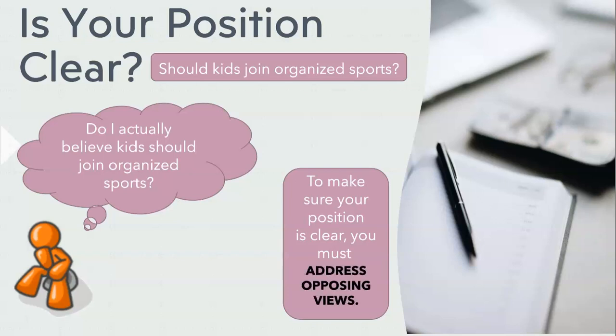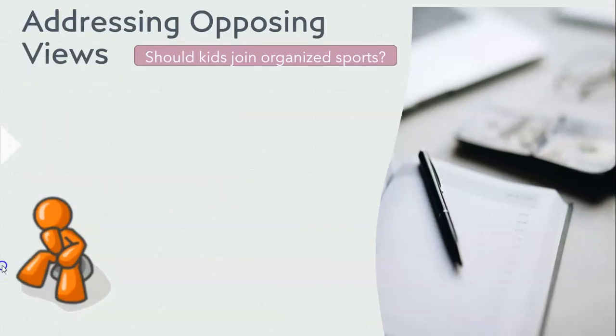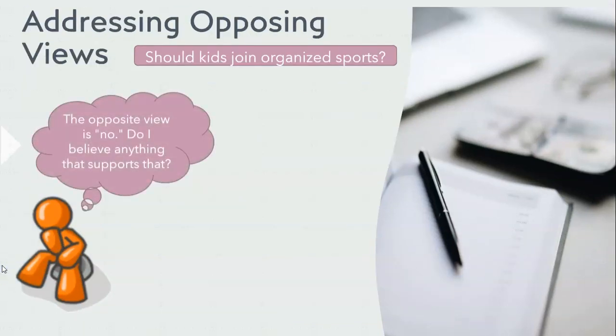Remember from a couple of slides ago, the opposing view is the opinion that is in direct opposite of yours. So, when we address opposing views, the opposite view is no. Kids should not join organized sports. Thinking to ourselves, do I believe anything that supports that?